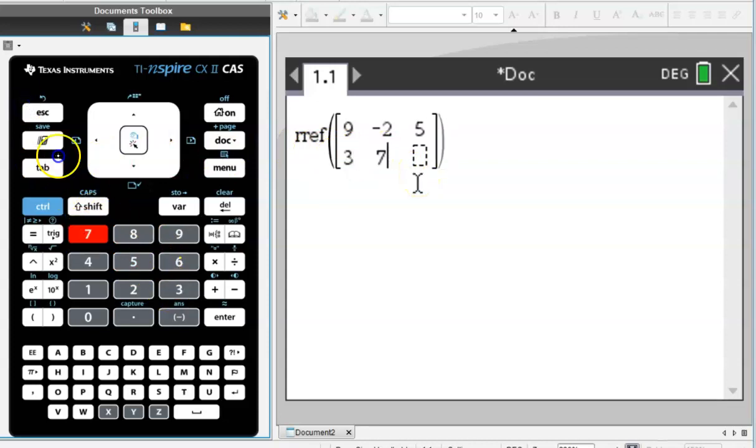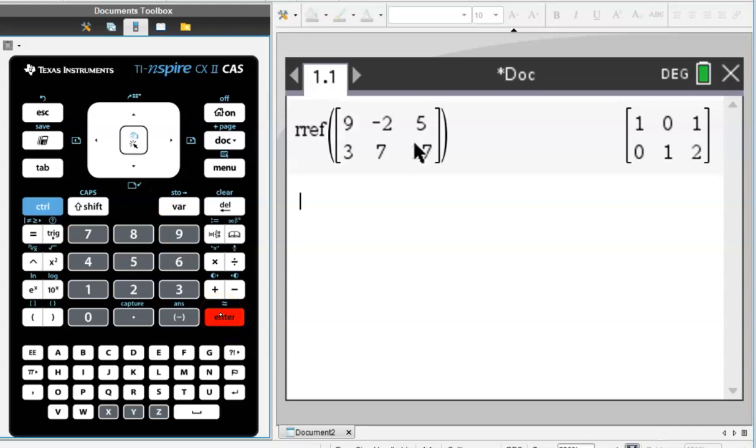3, 7, and 17. Now it's important to note that the first column was an X column, the second column was a Y column, and the third column was a set of results. So when I press enter here and I get my resulting matrix, we can read it to interpret whether a solution has been found. Now according to this matrix, we're saying that 1x plus 0y equals 1.